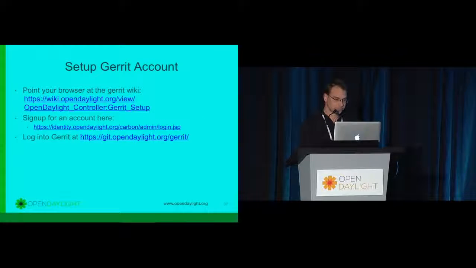Excuse me. So set up your Gerrit account. Everything is single sign-on at OpenDaylight.org. And so you need to go to Gerrit Setup, go to this URL. I believe you can click on this URL in the presentation. And then here you'll see there's a login to set up your account. It's a really quick process. You give it your email address and so on.